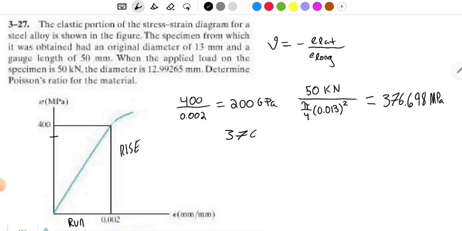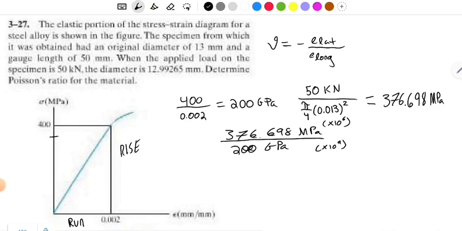So let's find this longitudinal. Now we divide that by E, the modulus of elasticity, which we found to be 200 gigapascals. That's times 10 to the 6th, and that's times 10 to the 9th, right?